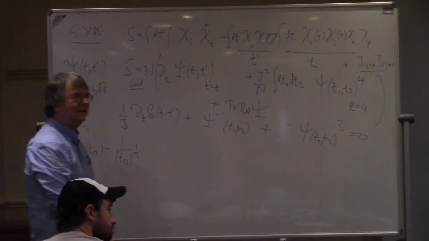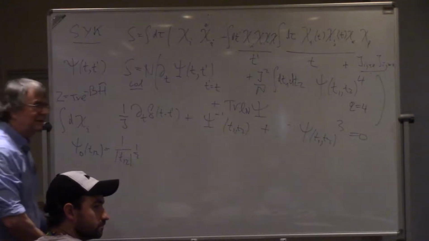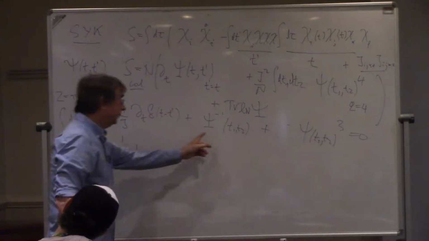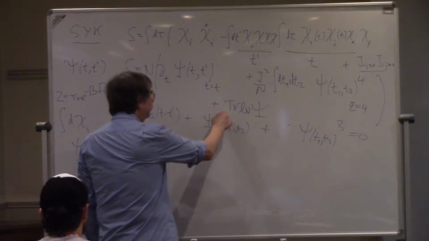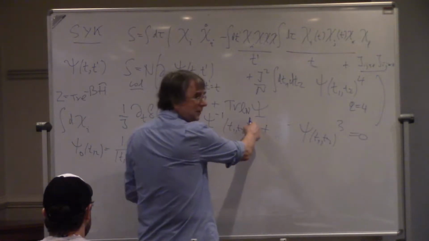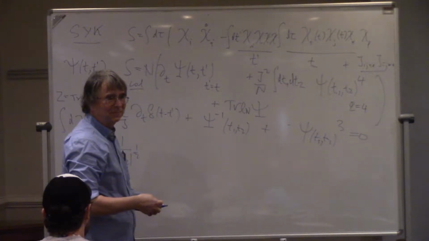Wait, is it psi versus the matrix? What is it? Psi inverse is the matrix inverse, and every time I write inverse here, that will be a matrix inverse, but if I write it here, that will be just 1 over the function. Right.